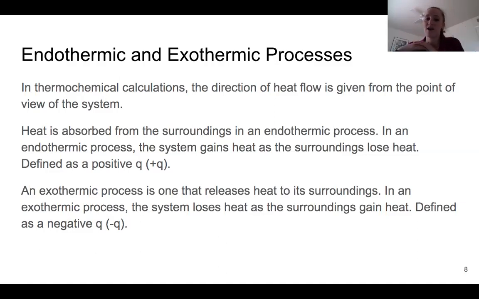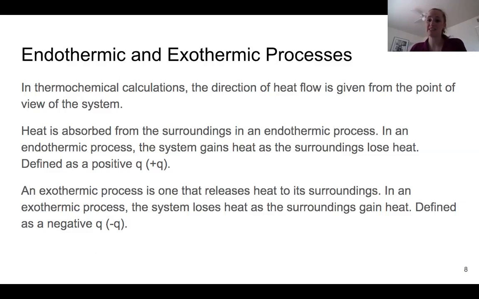So right now, my space heater is losing heat because I, the system, am gaining the heat that it is releasing. As I'm sitting next to the space heater, I am absorbing the heat and it's keeping me warm. So I am currently seeing an endothermic process in action right now.